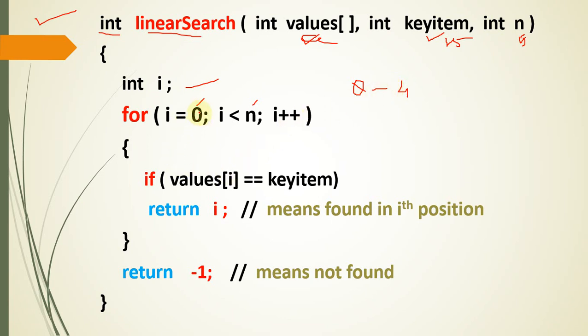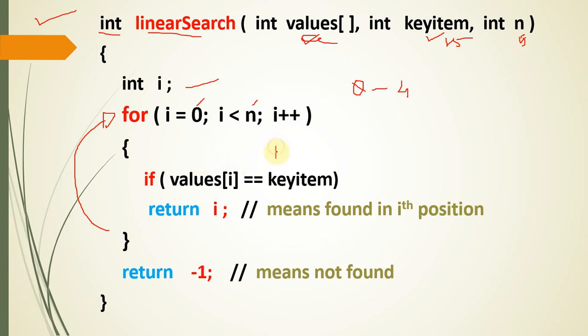Say it is the first iteration. If the value of A of i, A of 0, the first element, is equal to the key item, say 10 equal to 15, no, this condition is false. If this condition is false, you are not going to say return -1. Simply you are going to take the next iteration.